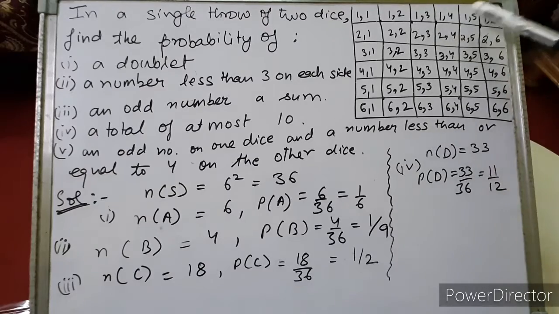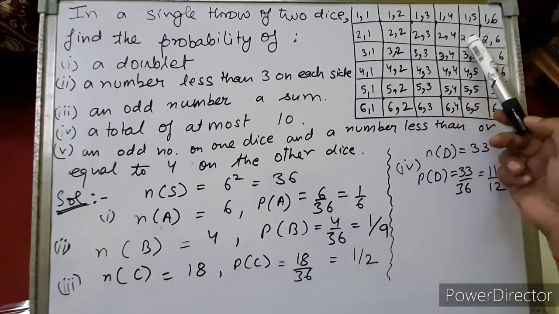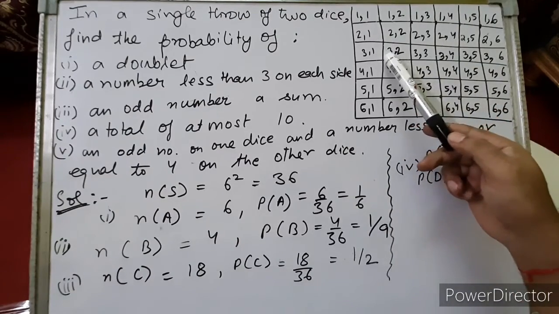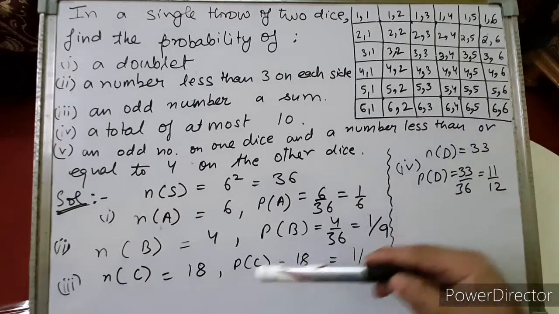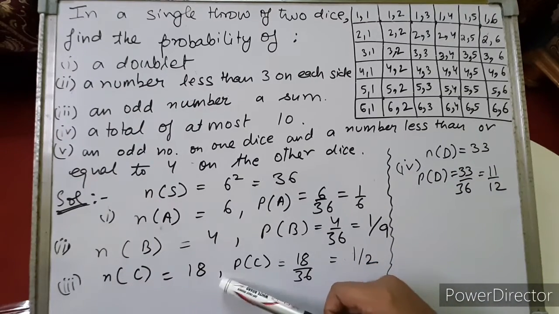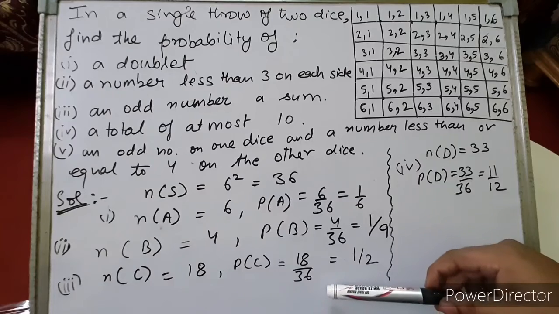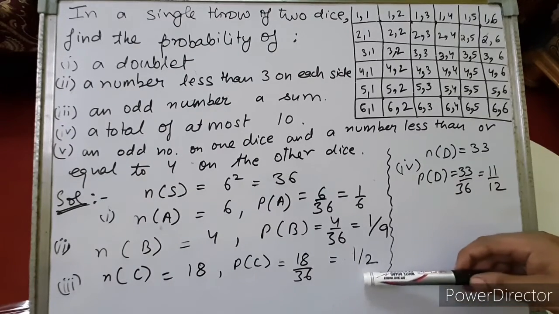So 3 events are there in the first, with 1: 3, 5, 7. 3 events with the second: 5, 7, 9. 3 events with 3, and so on. 3 sixes are 18 events. So the number of favorable outcomes of C will be 18. Total number of outcomes is 36. Probability of getting C is 18 upon 36, which is 1 by 2.